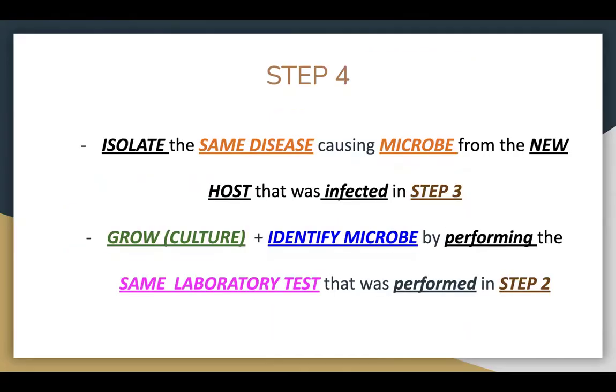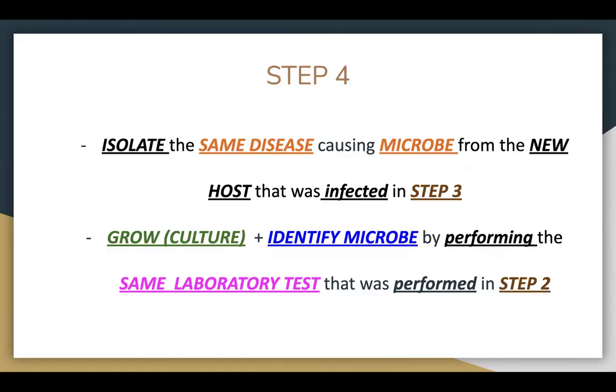Now, step four: we're going to want to isolate the same disease-causing microbe from our new host that we infected in step three. And we're going to do the same as in step two, where we grow or culture the microbe and run the laboratory tests that we performed in the second step to identify the microbe.